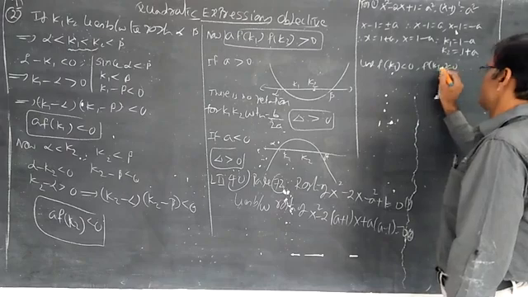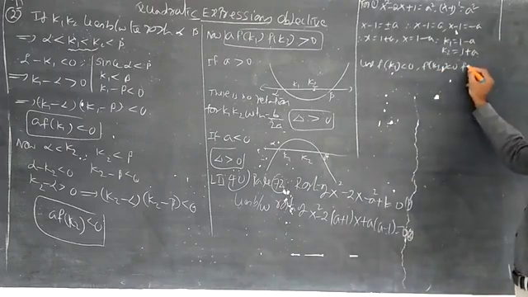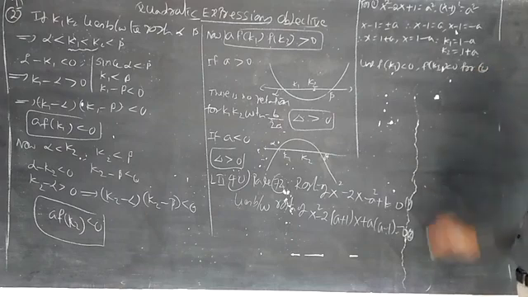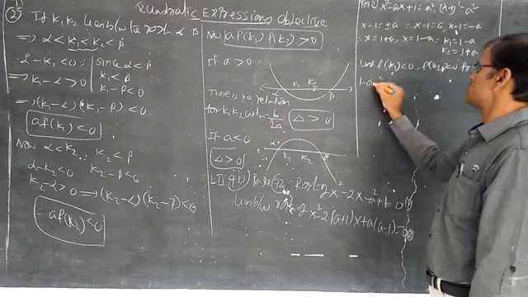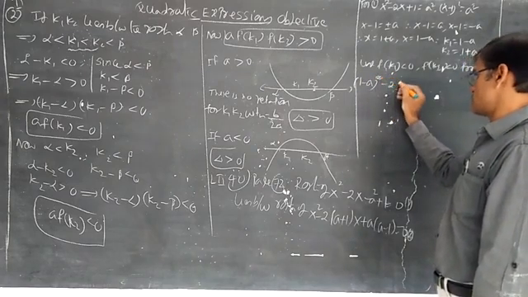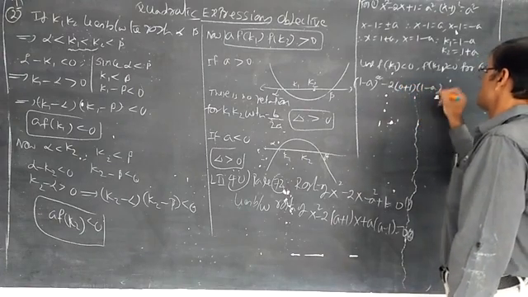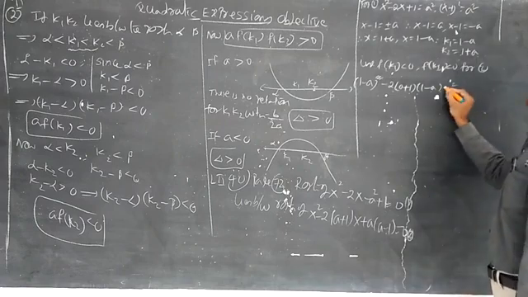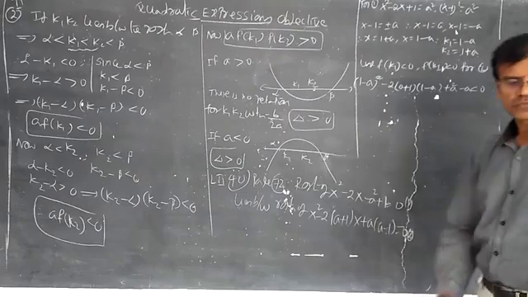Of course, the coefficient of x square is 1 here. For the second equation, you write 1 minus a whole square minus 2 into (a plus 1) into (1 minus a) plus a square minus a less than 0.